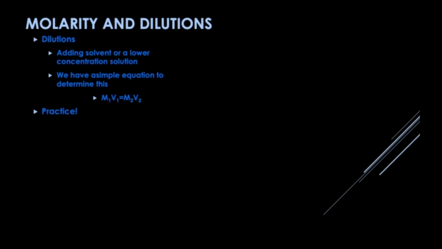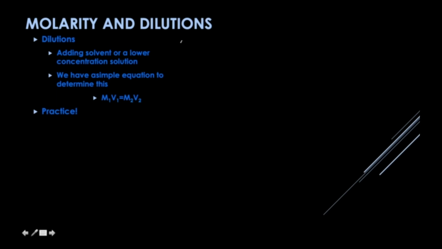So what we have is a simple equation to determine what our new molarity or our new volume would be. So I really usually care about the volume at the second point, or how much volume I need to begin with. So that's what we're going to start with, is how much volume we need of something to make something else, because that's the most common thing you're ever going to see.